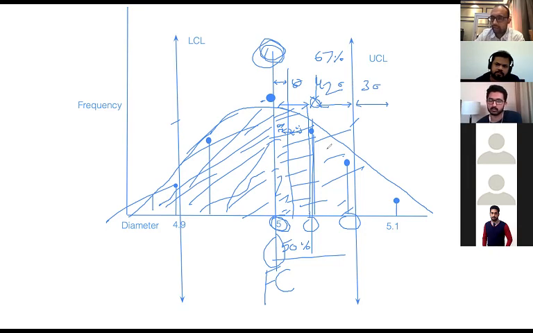This sigma, variance, standard deviation, is used in every single thing: manufacturing, quality, forecasting. This is a statistical tool. It's not a supply chain or forecasting tool. It's a standard statistical tool. So that is why, when we were talking about MAD, you should know what standard deviation is. This sigma is called standard deviation.